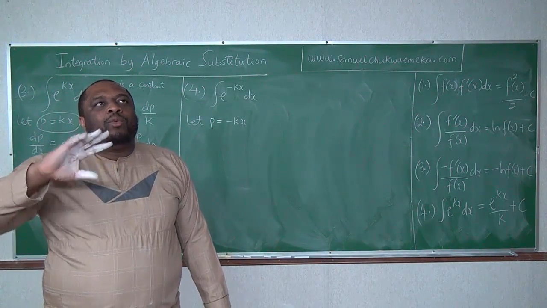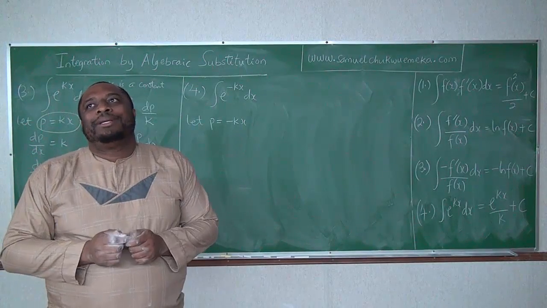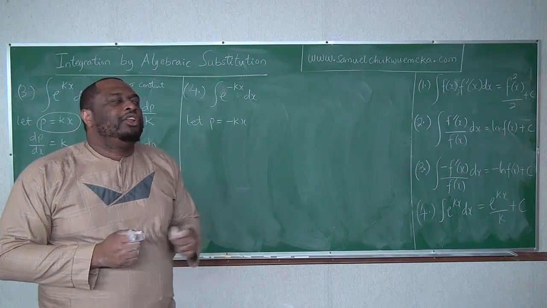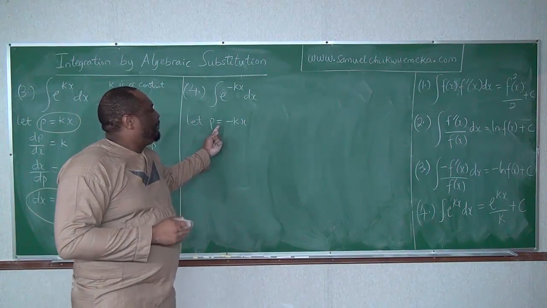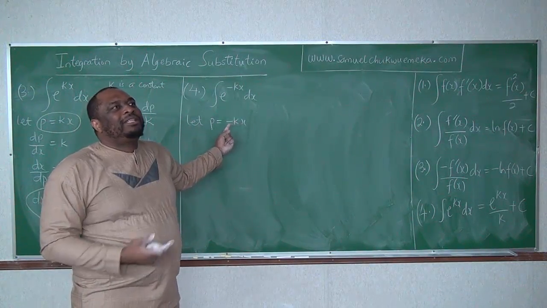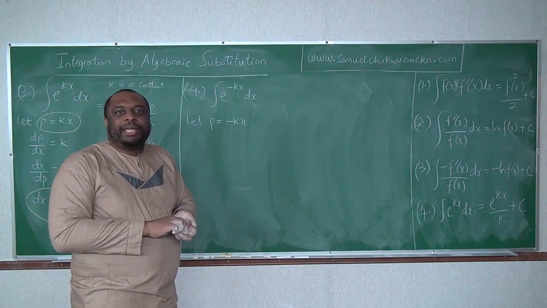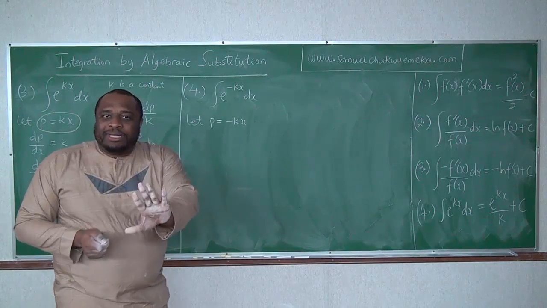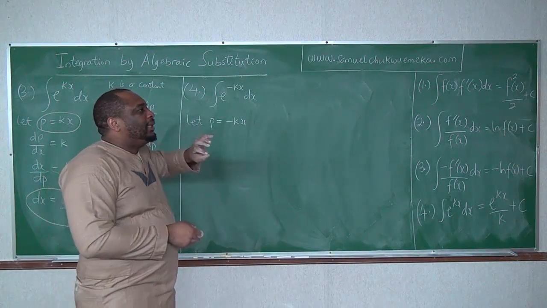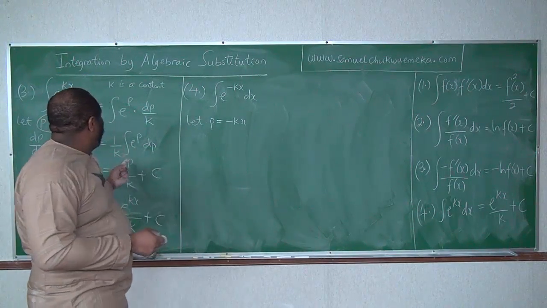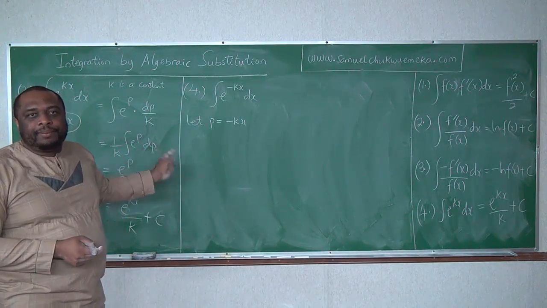You have to look at what you need to substitute. Some people will ask, why don't I substitute let p be kx instead of negative kx? That's a good question, by the way. If you let p be kx, you will end up having e to the negative p.